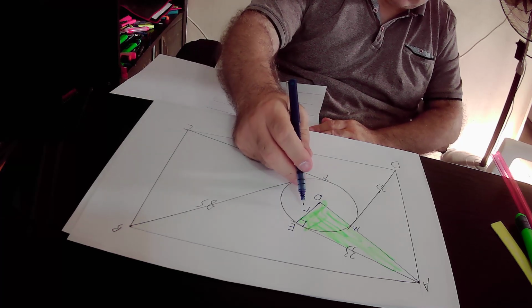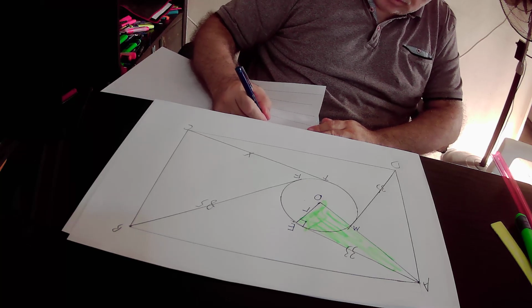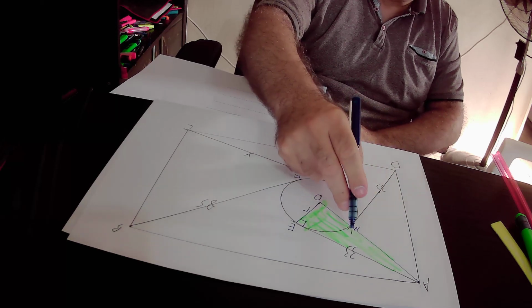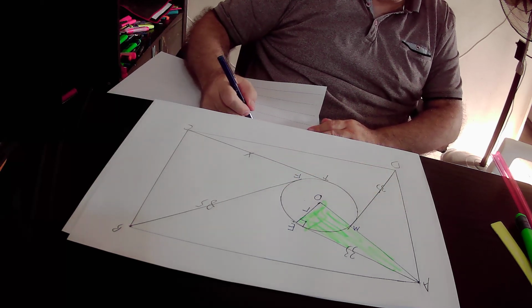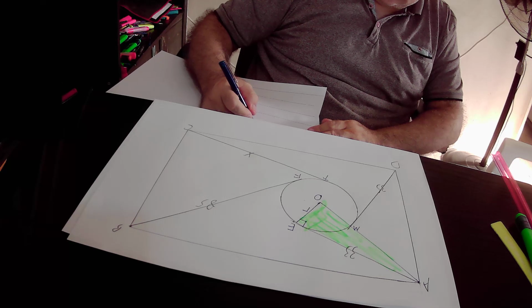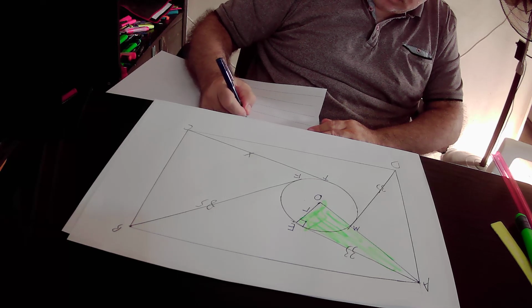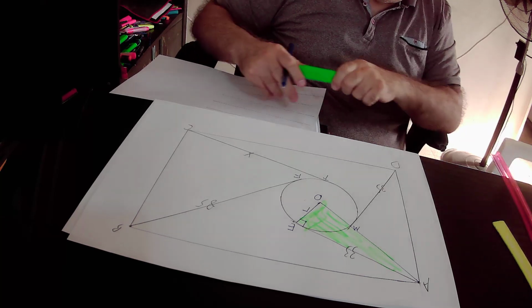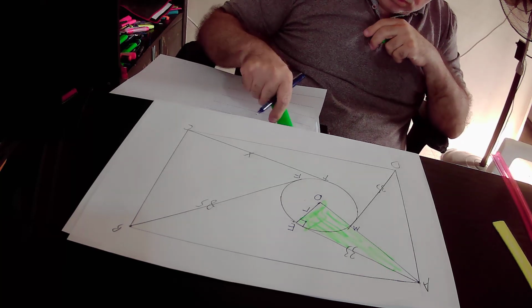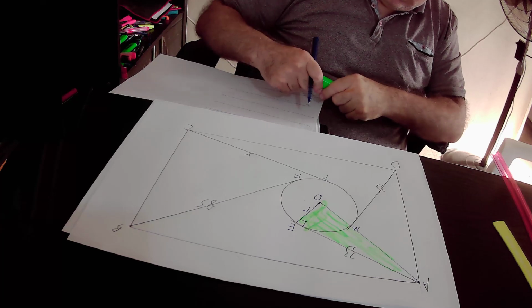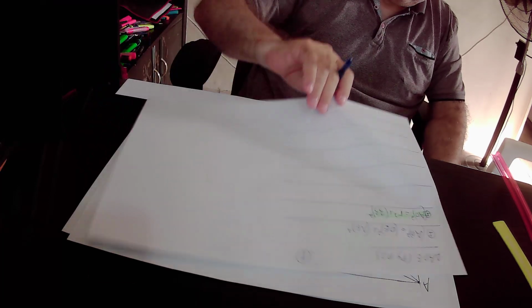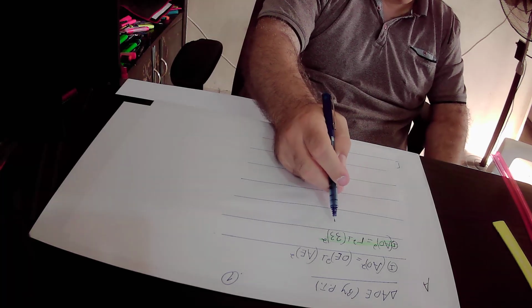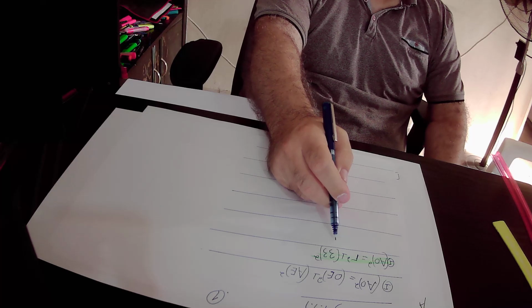OE equals R, therefore OE squared is R squared, plus AE squared. AE equals 33 units according to what is given in the question, therefore AE squared is 33 squared. So in conclusion, we found out that in the right triangle AOE, AO squared equals R squared plus 33 squared.